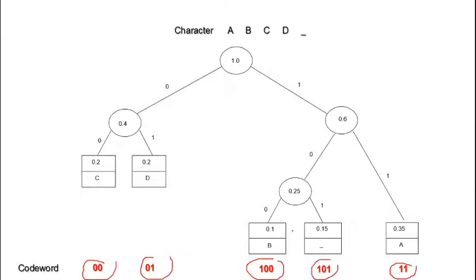So we convert the alphabet A, B, C, D into code using binary representation: A is 11, B is 100, C is 00, D is 01, and underscore is 101.